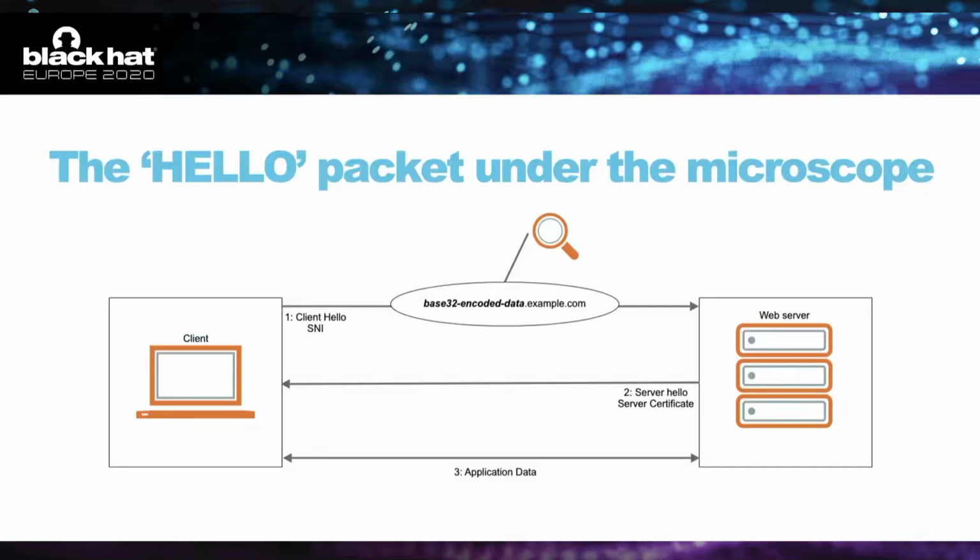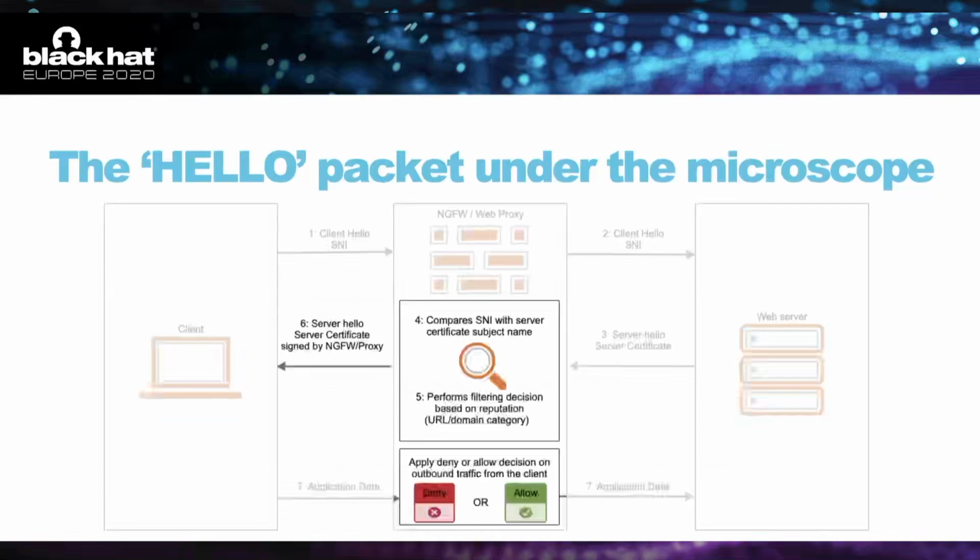We use base 32 in order to use a character set that is allowed in a domain name. And so far, here we have proved that it was possible to send data in the SNI if the complete domain name matched the server certificate by using a wildcard certificate in this case, and that it also adhered to RFC standards and allowed character sets in a domain name. So we were able to send the data out.